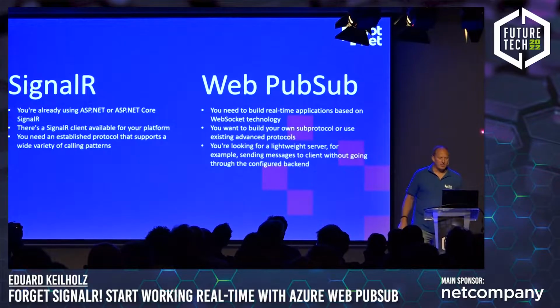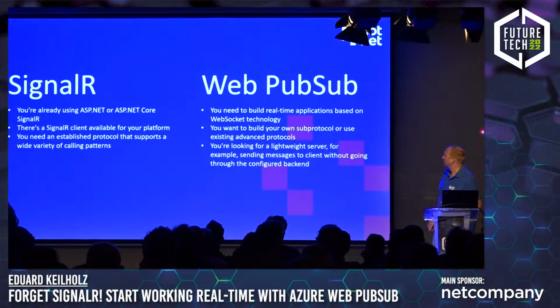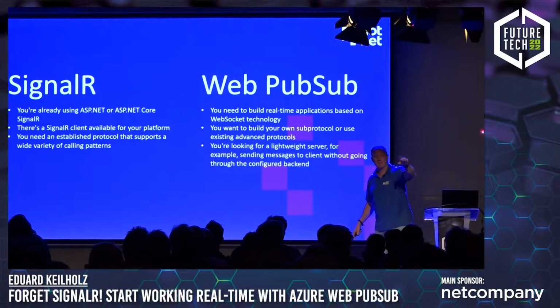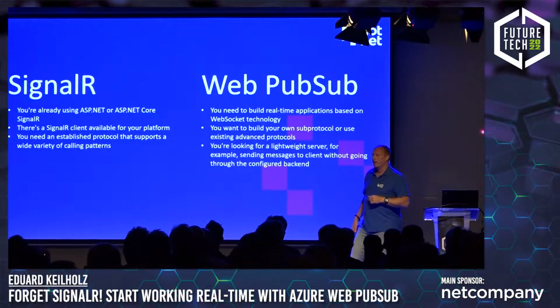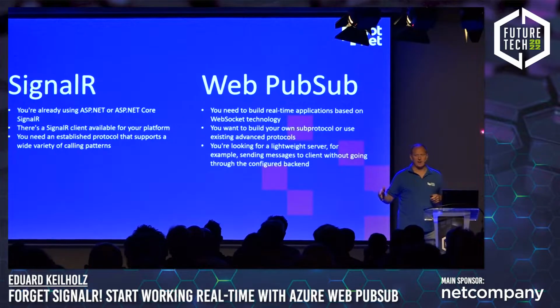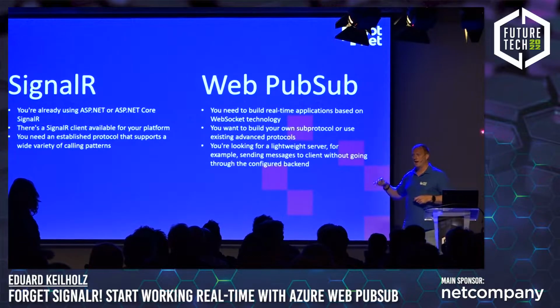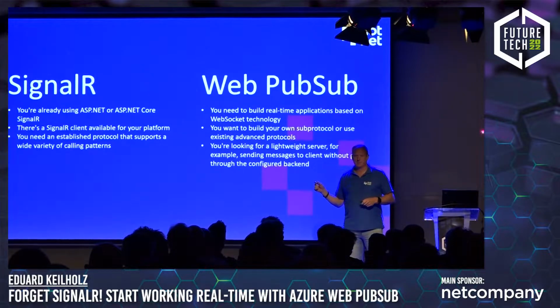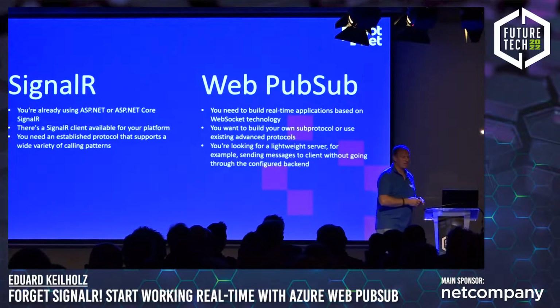So now these scenarios, is this readable, by the way? I'm not sure if it's readable all the way in the back, but else you can use the screens on the side. So these are the scenarios when to go for SignalR. If you already have a real-time solution working with SignalR and you're happy with it, there is totally no need to change your system. Please keep working with SignalR.